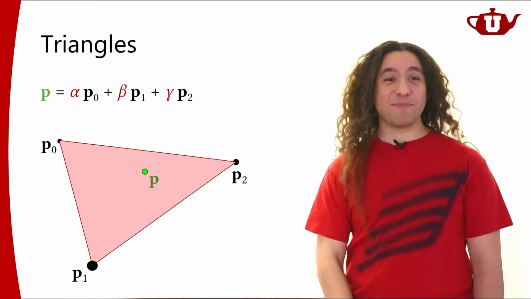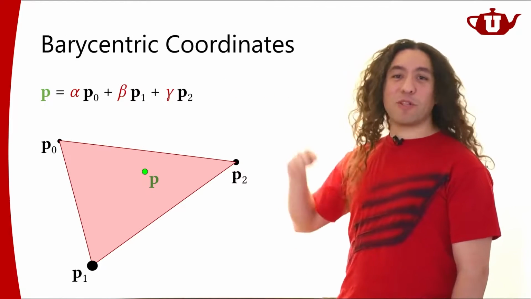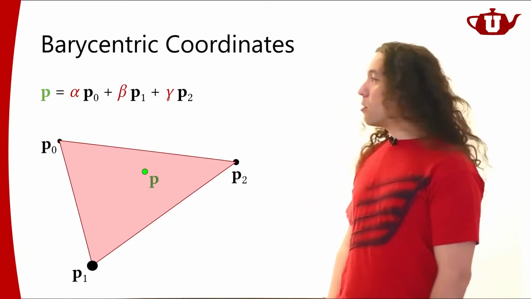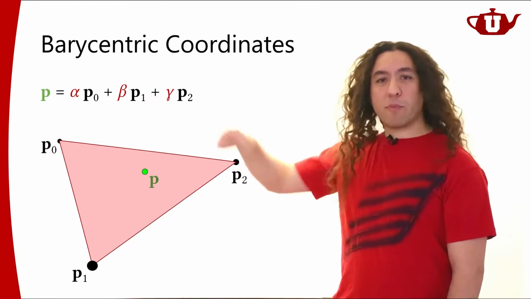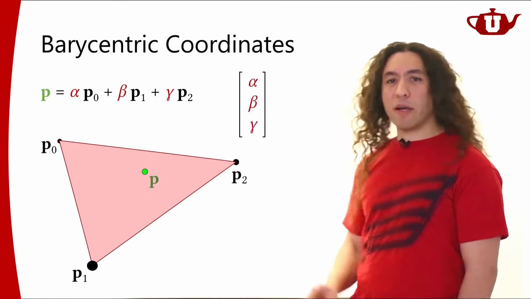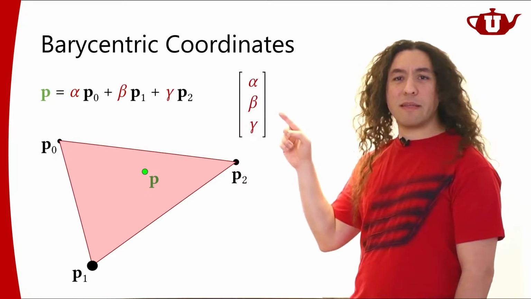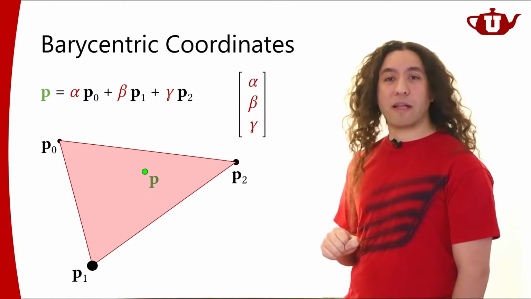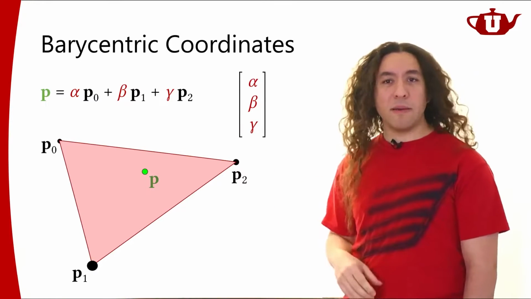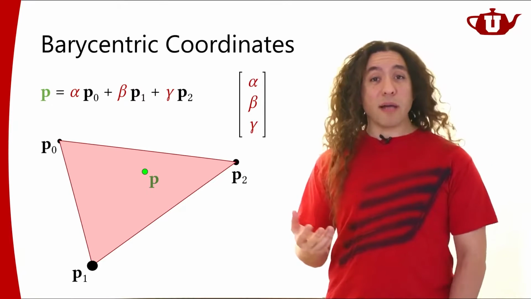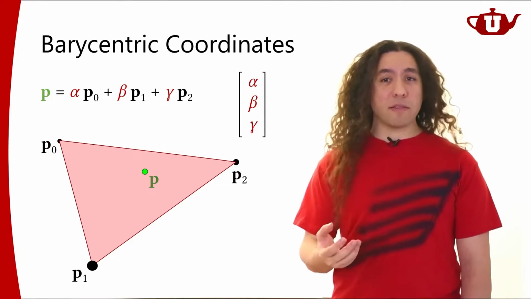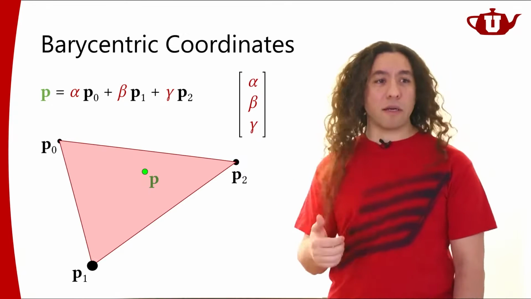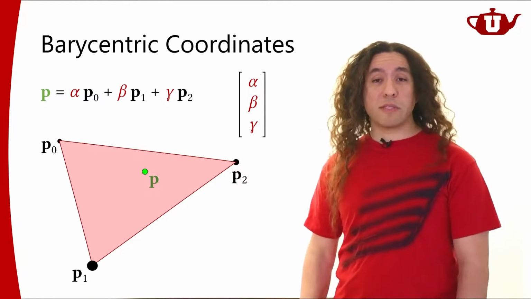It's basically interpolation using barycentric coordinates. The barycentric coordinates of this point P in the middle of the triangle can be represented by these three scalar values, so it's like a 3D vector. This is a very, very important concept. If you're writing a software rasterizer or software renderer, you're going to have to deal with this yourself.